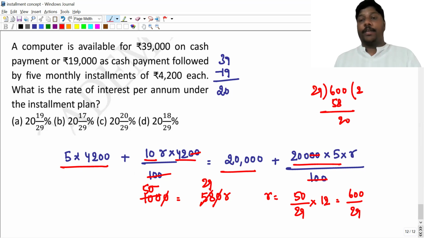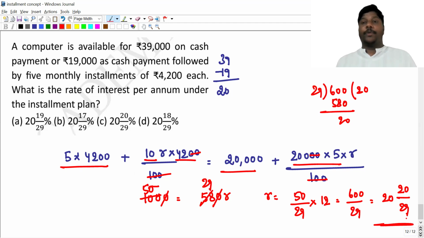The remaining is 20. So the remainder is also 20 by 29%. So 20 by 29% you will get, because 29 into 20 is 580. Okay, you can take down this also.